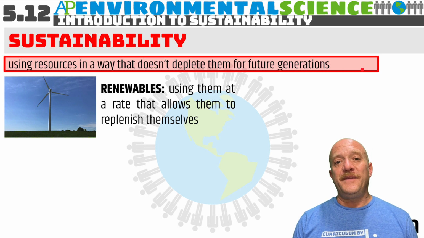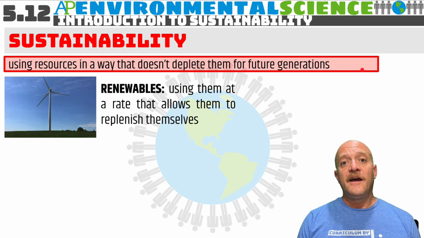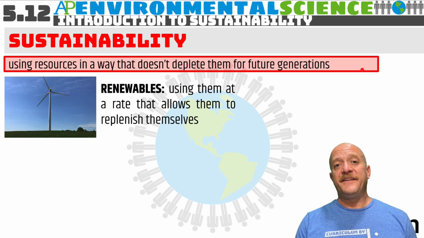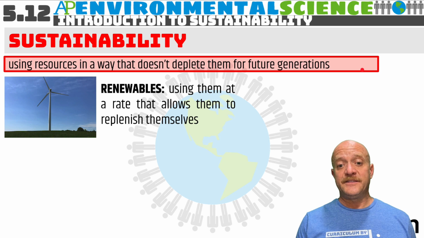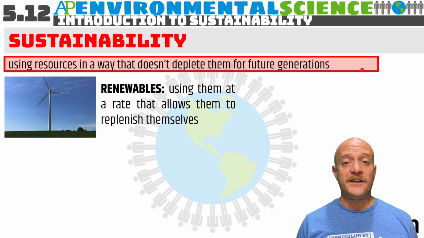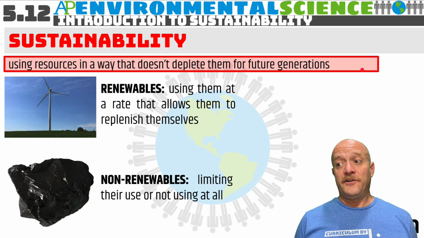But it also means that we're using the materials to construct the photovoltaic cells, or the methods that we're obtaining the electricity from that, sustainably as well. We need to be able to replenish it or recycle it. Non-renewables, we need to limit their use or just not use them at all.